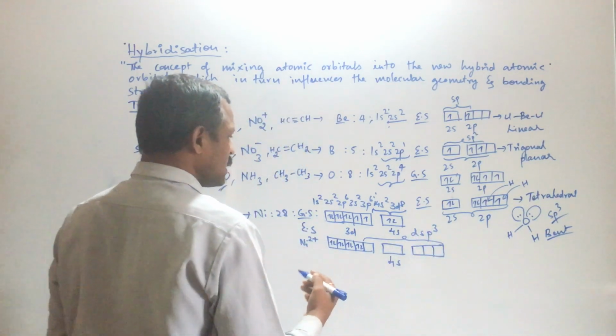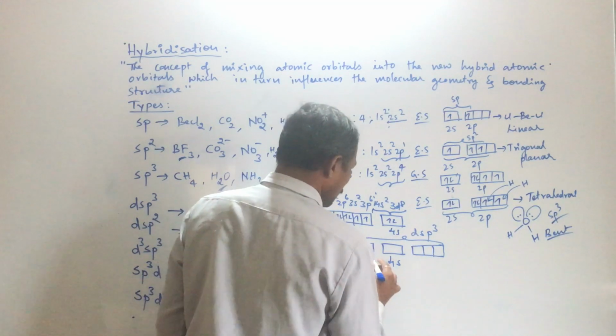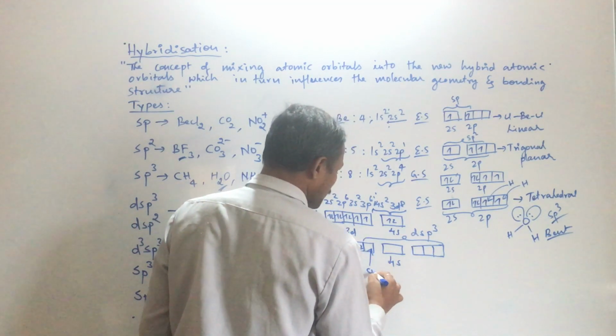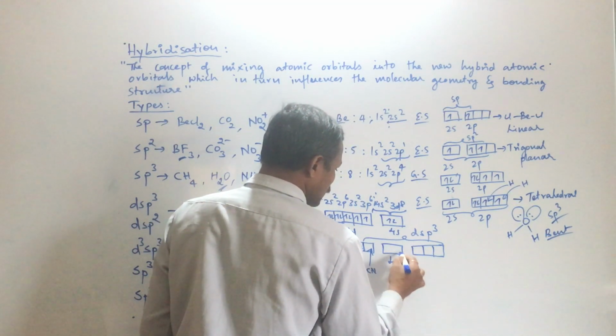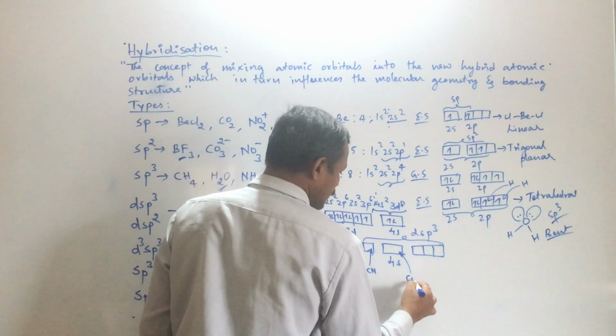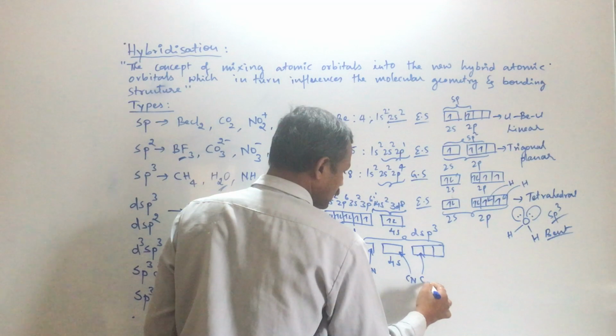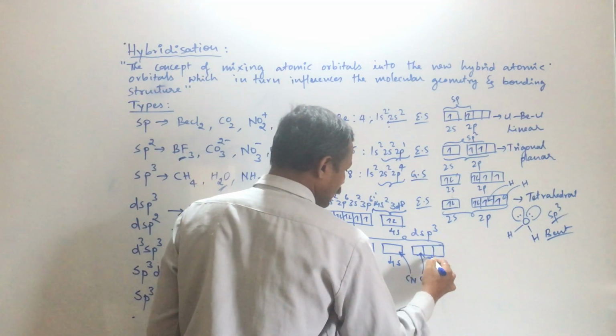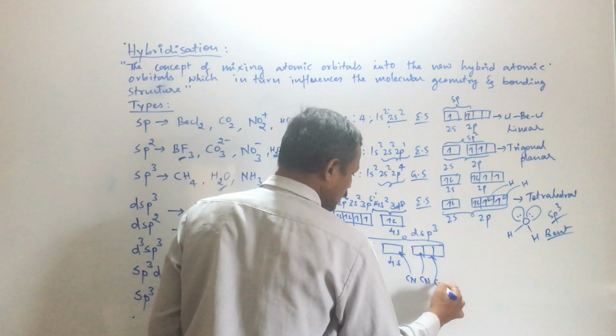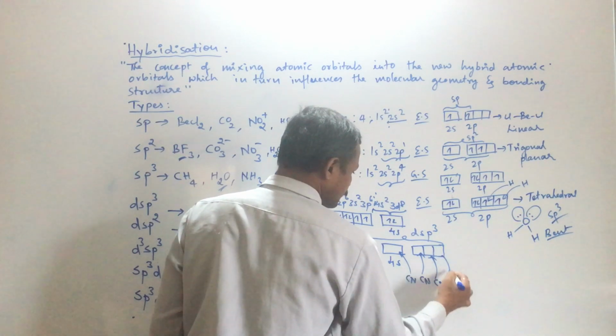Hence the cyanide groups can share their electrons with the empty orbitals of the nickel metal atom.